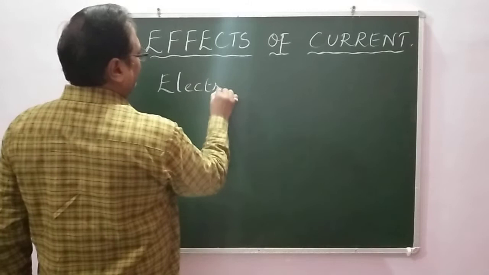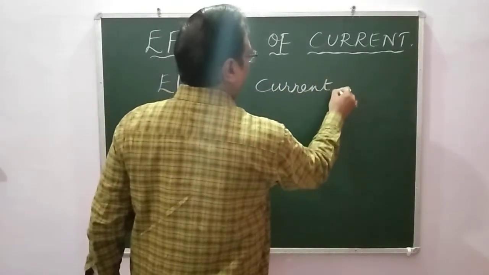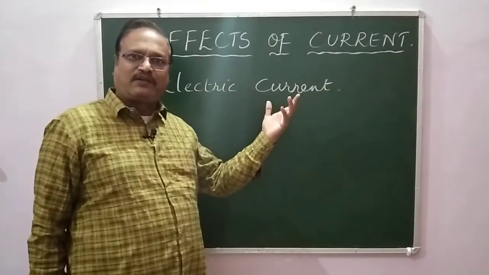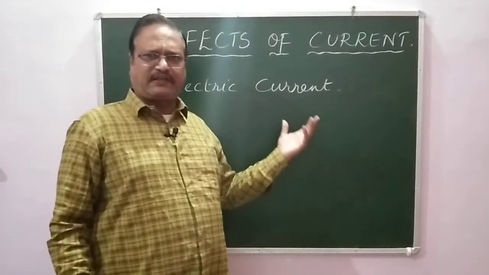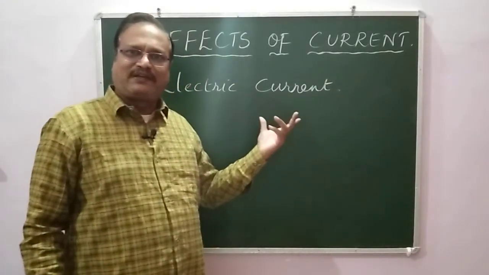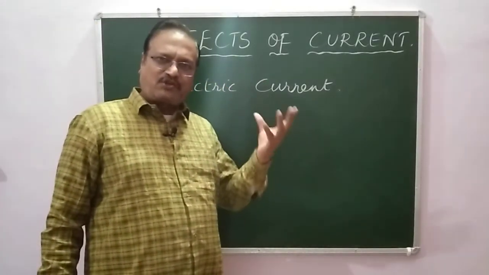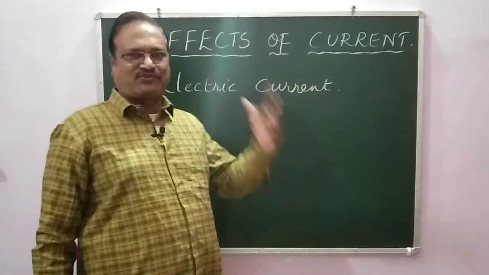What is electric current? I said to you, electric current is the flow of electrons. Every conductor consists of atoms, and atoms have positive protons, neutrons and negative electrons.